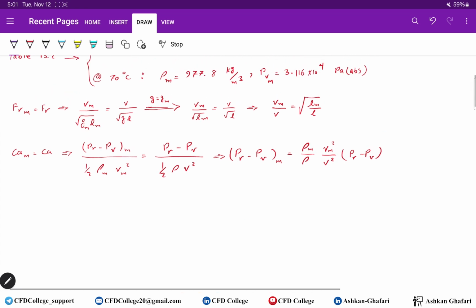From Froude number similarity, we can find that Vm squared over V squared equals Lm over L.